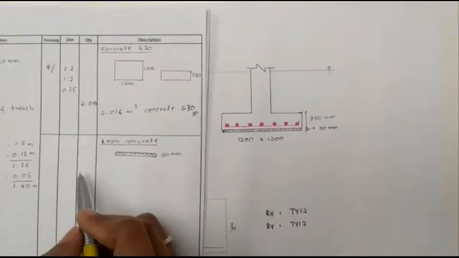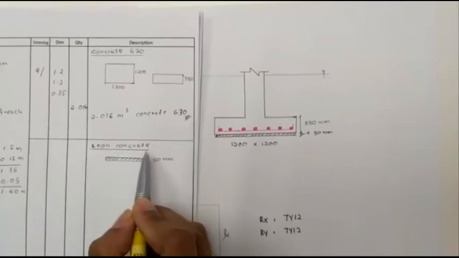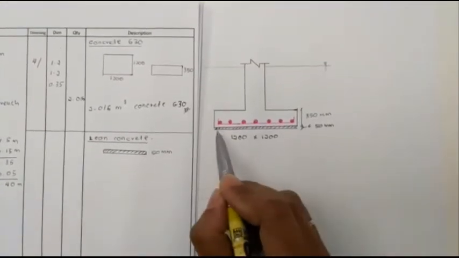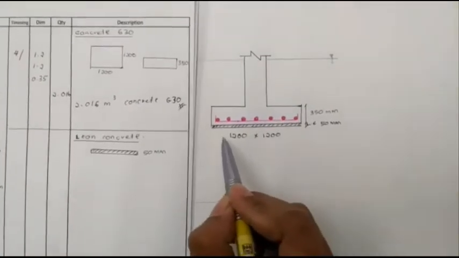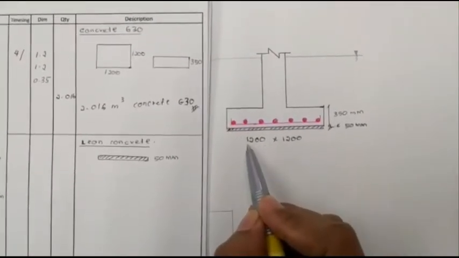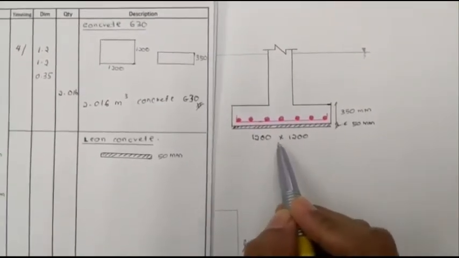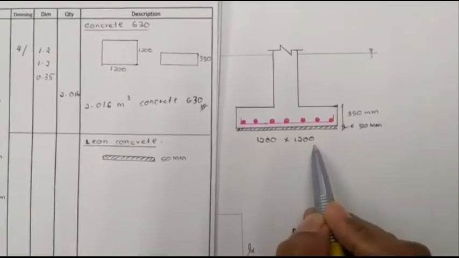Okay, next we're going to calculate for the lean concrete. We can see here the thickness for lean concrete is 50 mm with the same dimension as the pad footing, 1200 mm times 1200 mm.